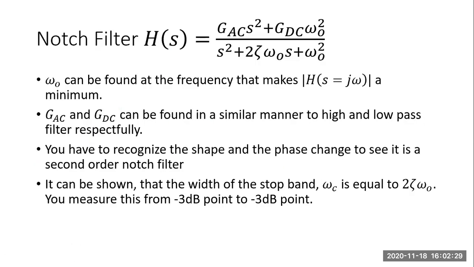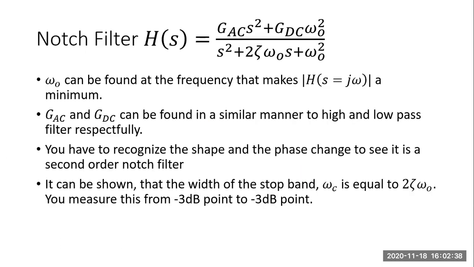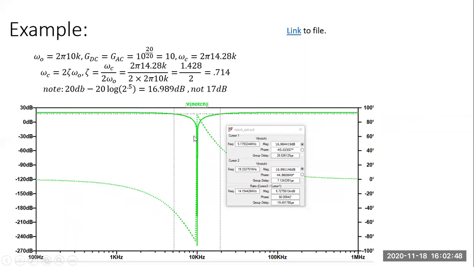Now the notch filter. With the low and the high, it was very easy to find everything you needed. But with the notch, omega naught is still easy to find because it's right here at the notch frequency, in this case 10 kilohertz, right?